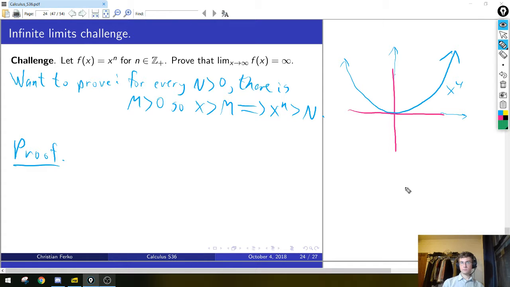I guess we want to find, or define, a value like we usually do with epsilon delta proofs.